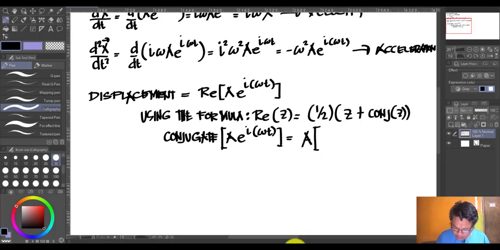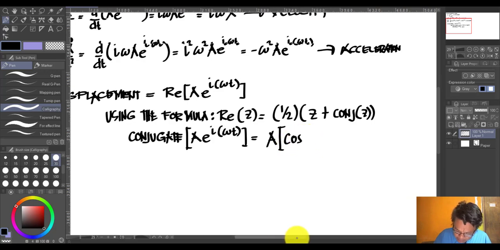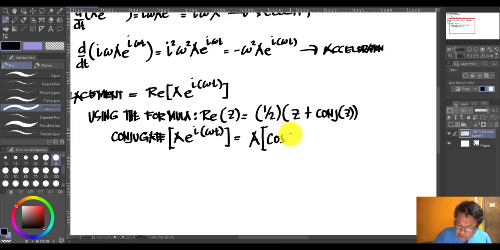So going back to that, I can rewrite this as cosine of theta plus i sine of theta. Then if we're going to make it a conjugate, sorry, I forgot the i here.